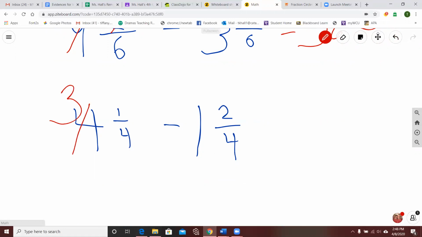Well, when I look at my denominator, a whole is going to be 4/4. So 4/4 plus that 1/4 makes 5/4. So now 3 minus 1 equals 2. 5/4 minus 2/4 equals 3/4. So your answer is 2 3/4.